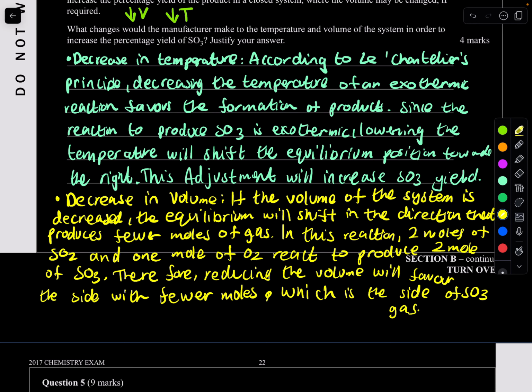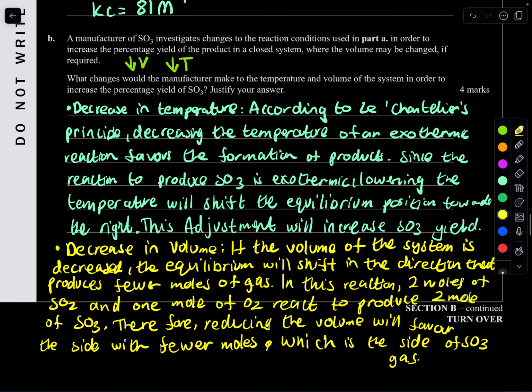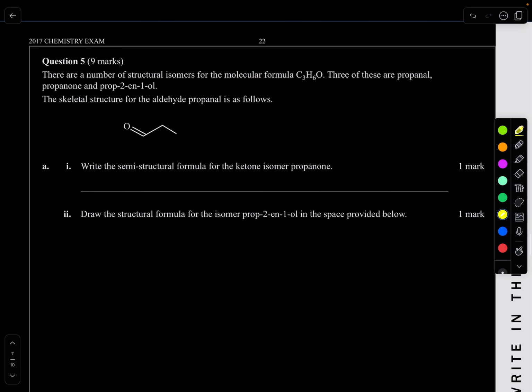And yeah, so that will produce a higher yield. Done. Yeah, that's it.